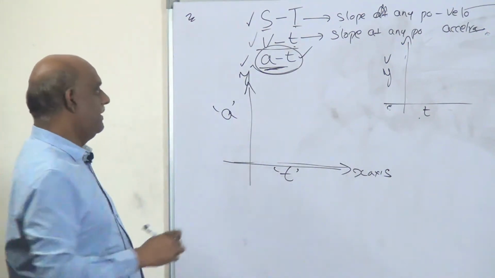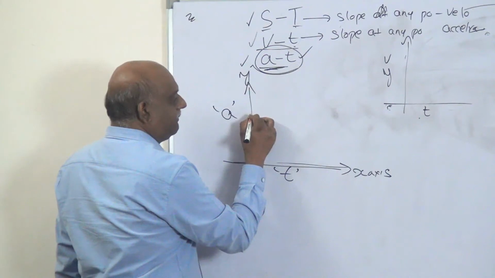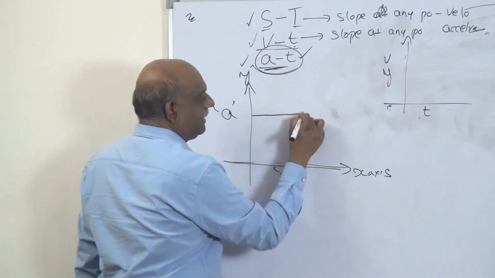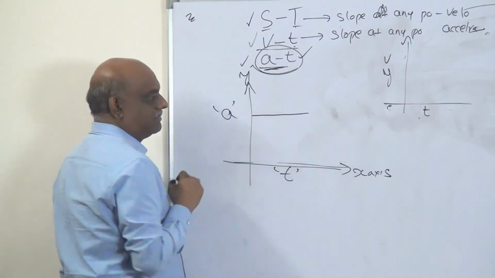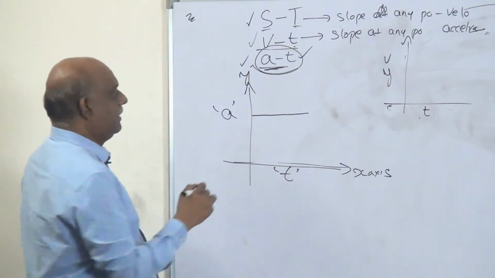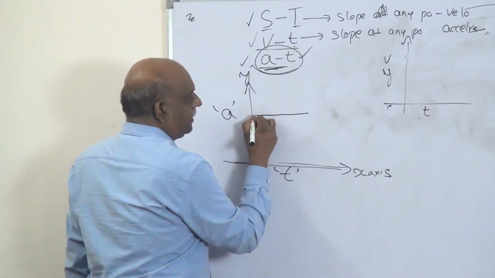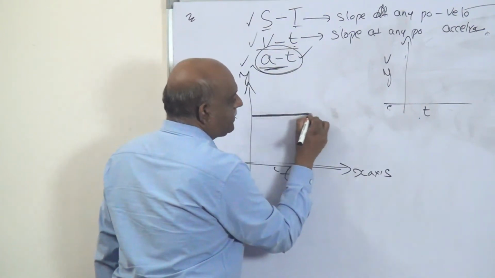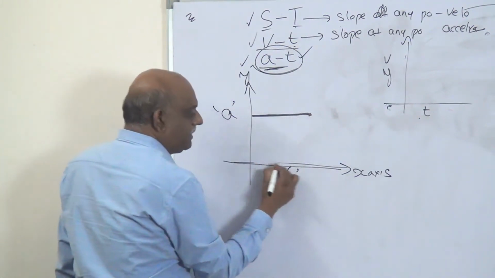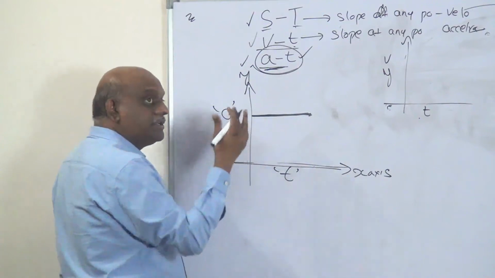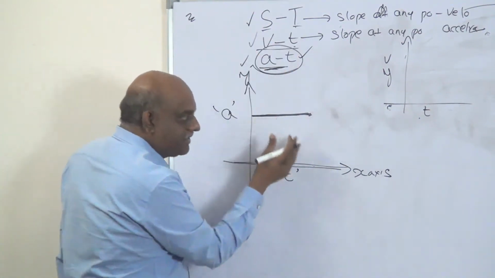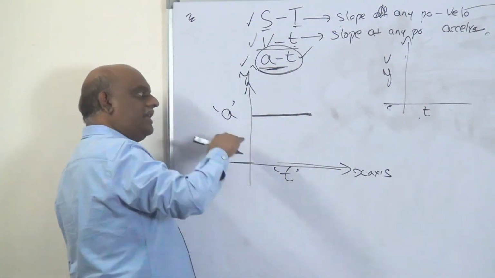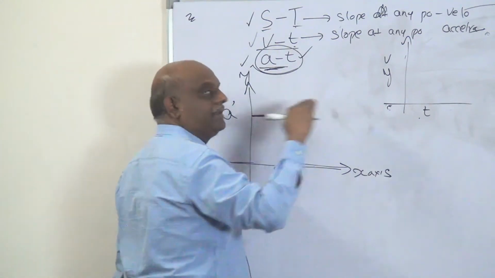Now let us say you plotted a graph something like this, right? With a uniform velocity, an object is traveling. That is, as the time is passing, acceleration is not increasing, acceleration is not decreasing, acceleration is remaining at the same level.